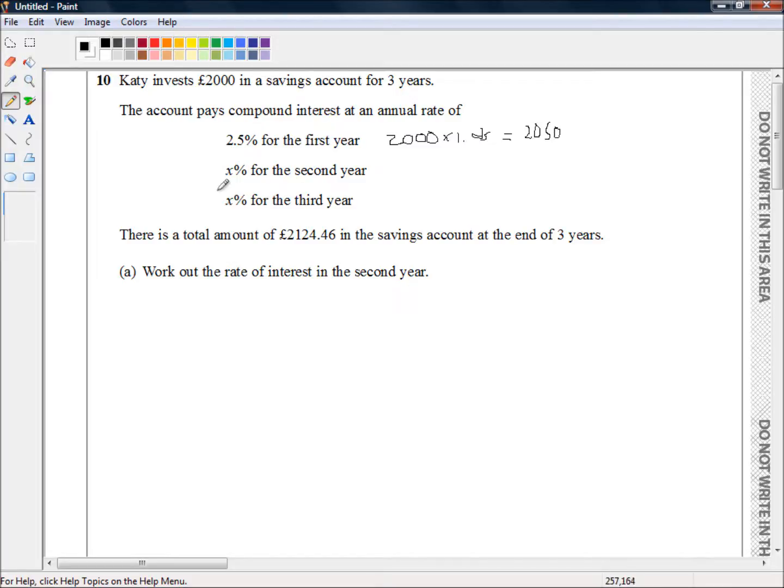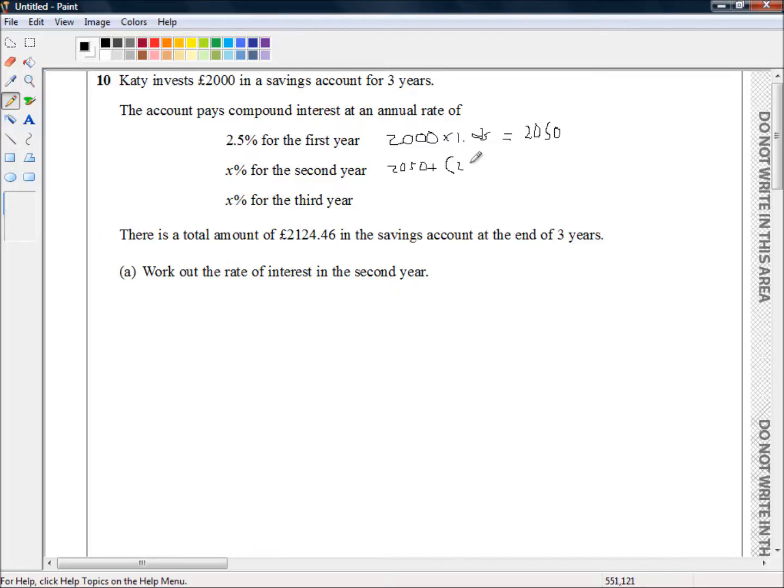Okay, so for the second year, she's going to have £2,050 plus, and this time it's not 2.5%, it's X% of 2,050.